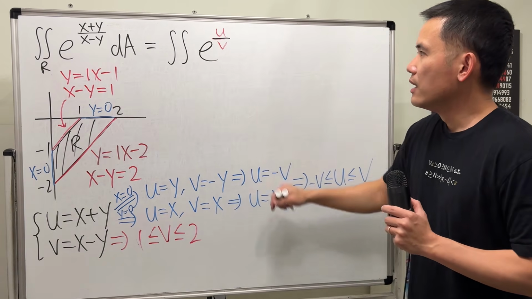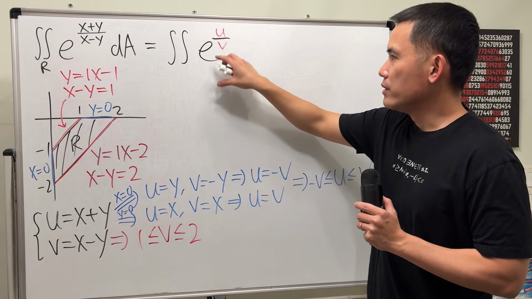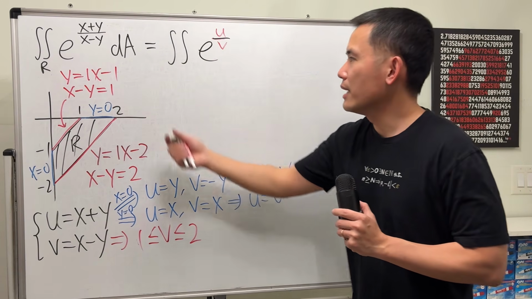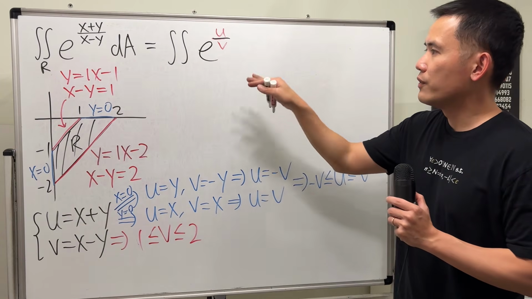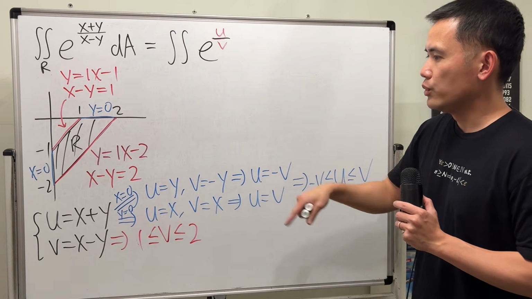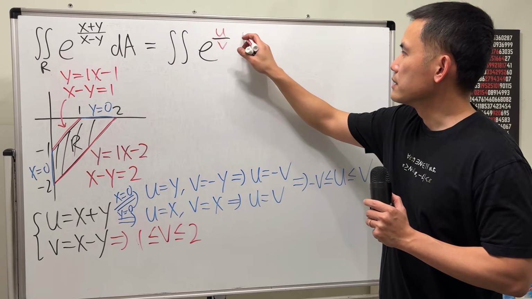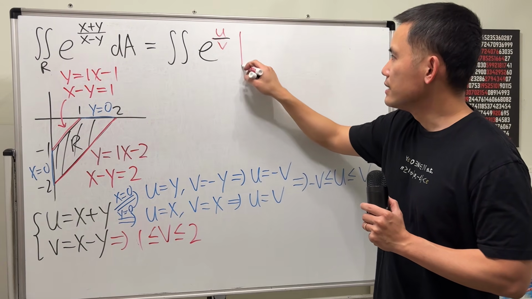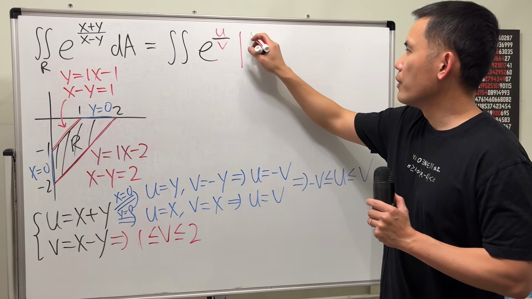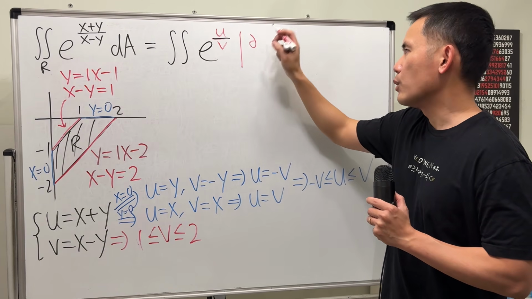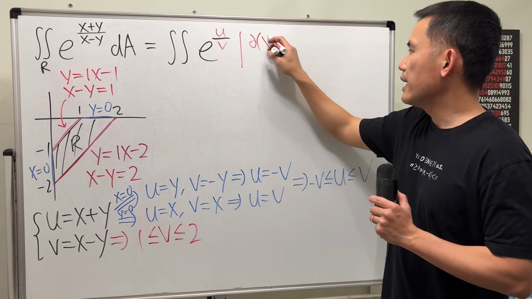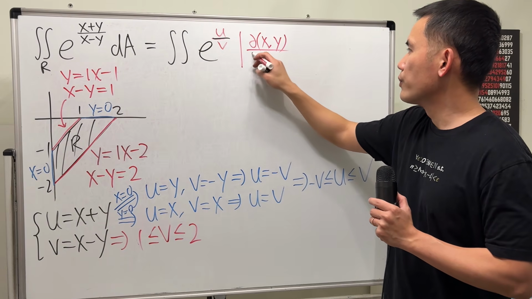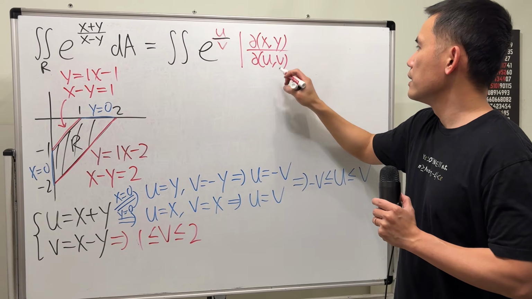Alright, before we continue, remember the Jacobian, right? Remember the Jacobian whenever you want to change the dA into the uv. The Jacobian, when you put that inside of an integral, is the absolute value of partial (x, y) over partial (u, v).